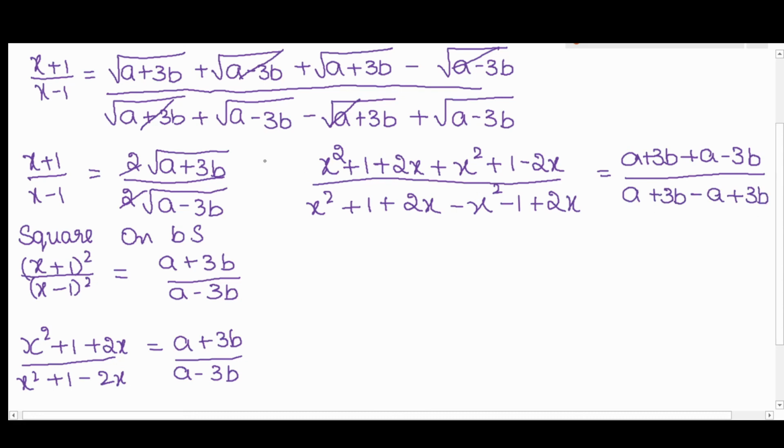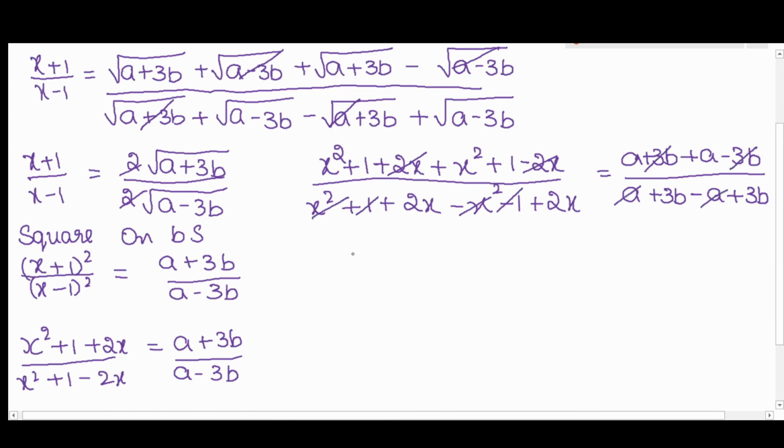See, minus 2x and plus 2x get cancelled, and minus x square and plus x square get cancelled. 1 and minus 1 get cancelled. Minus 3b and plus 3b get cancelled. a and minus a get cancelled.